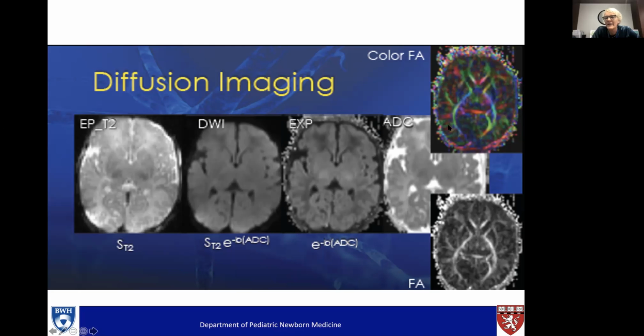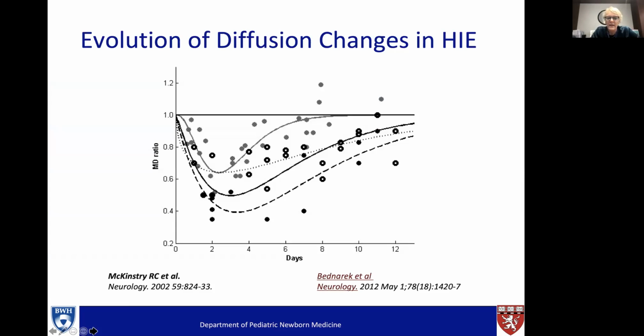And we can color these by the direction that water's moving. So green is back to front, blue is in and out, so going down to the spine, and red is left to right. So that helps us to know how the fiber tracts are looking and if the fiber tracts are looking intact.